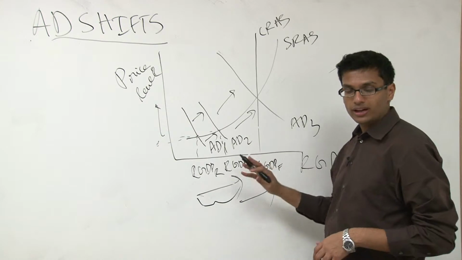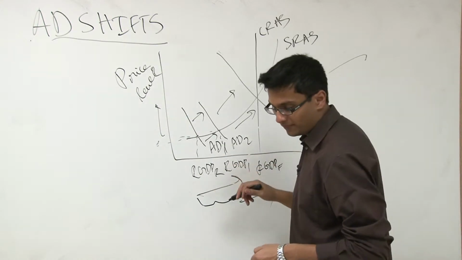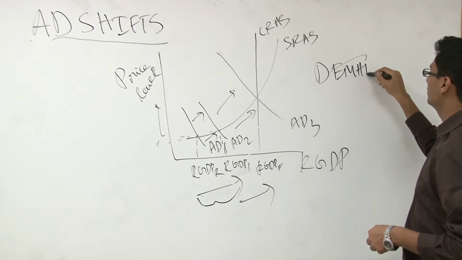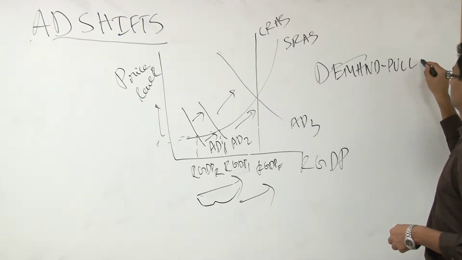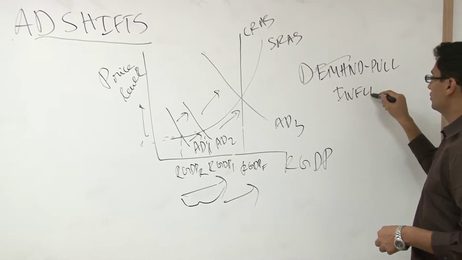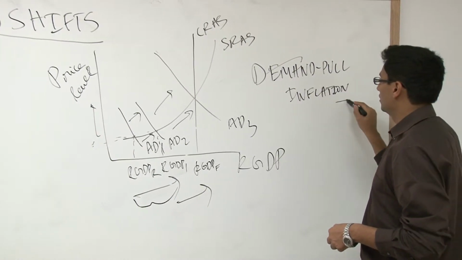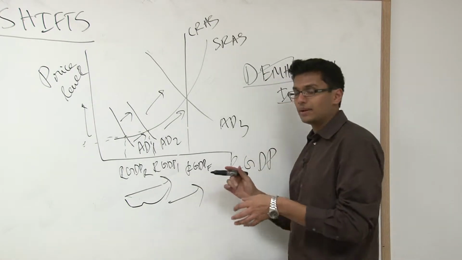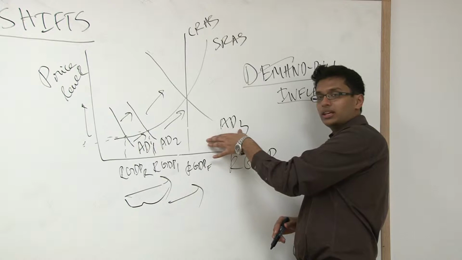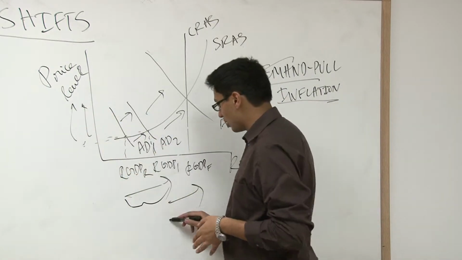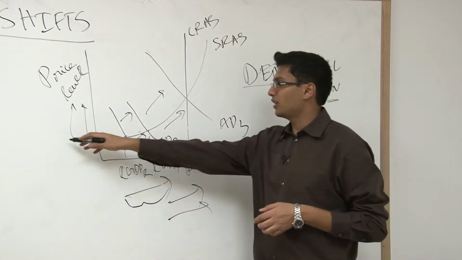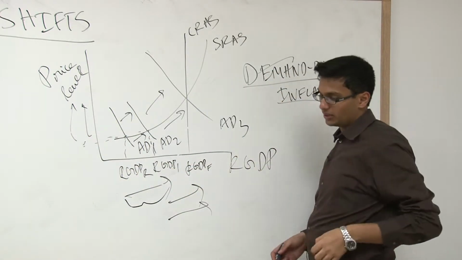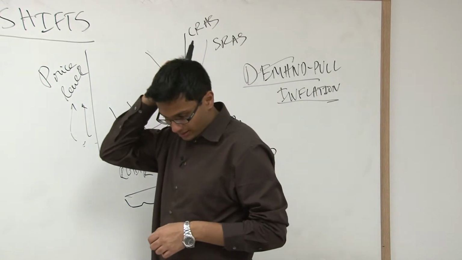This shift we saw from AD2 to AD3 is known as demand pull inflation. Why is this important? Because as the aggregate demand has been moving here, price levels have gone up. Yes, the RGDP has gone up, but the price levels have also gone up, and that's why we can say this is demand pull inflation. So you guys understand that?